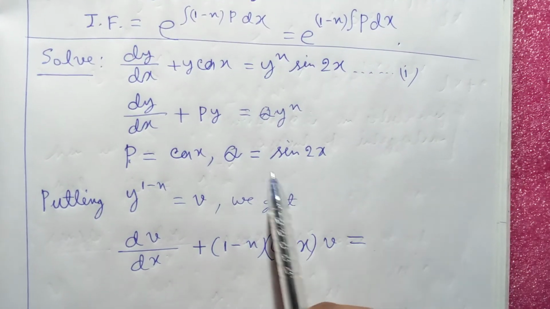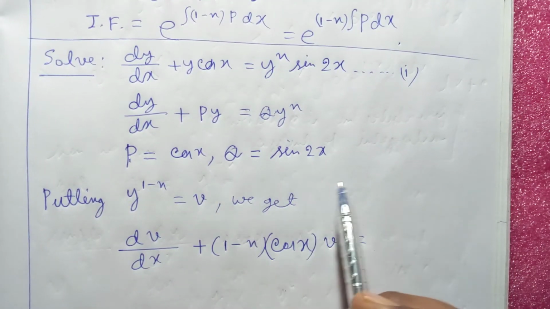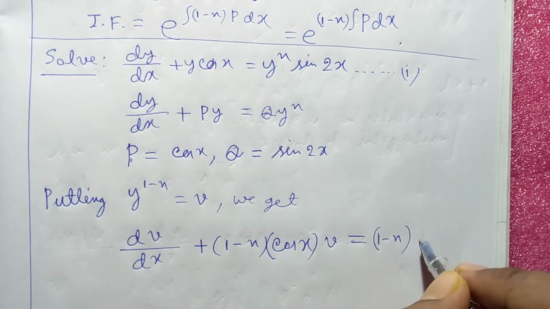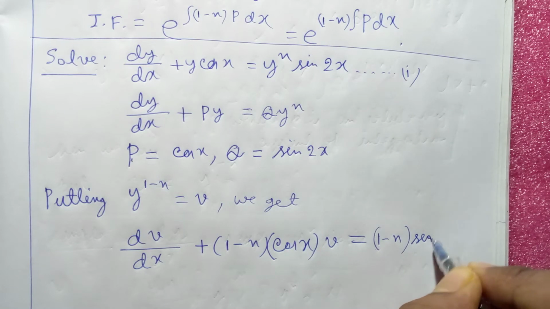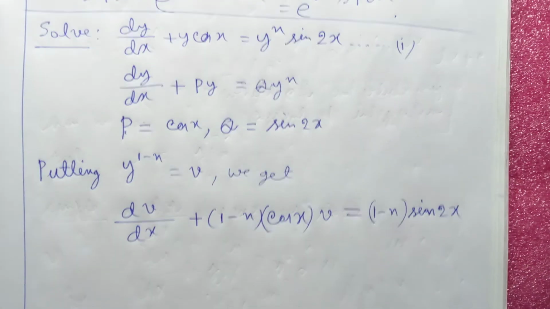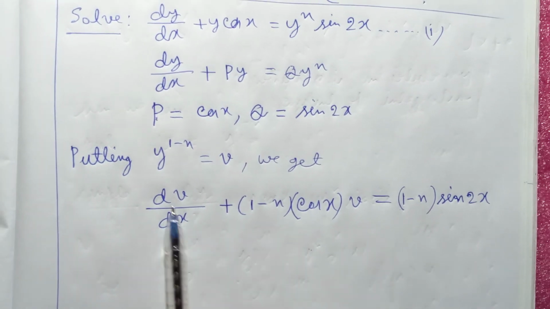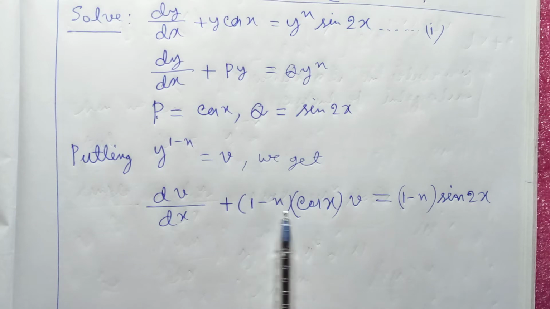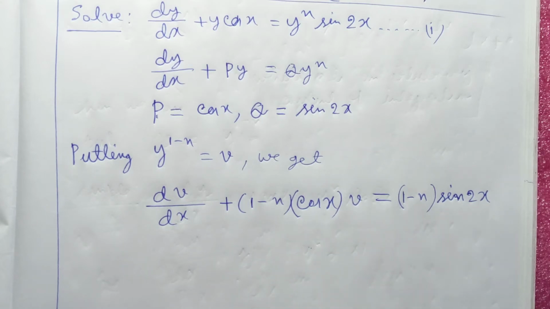Here q is equal to sin 2x. Therefore, we are getting 1 minus n into sin 2x. Ultimately, the equation becomes dv by dx plus 1 minus n into cos x v is equal to 1 minus n into sin 2x.